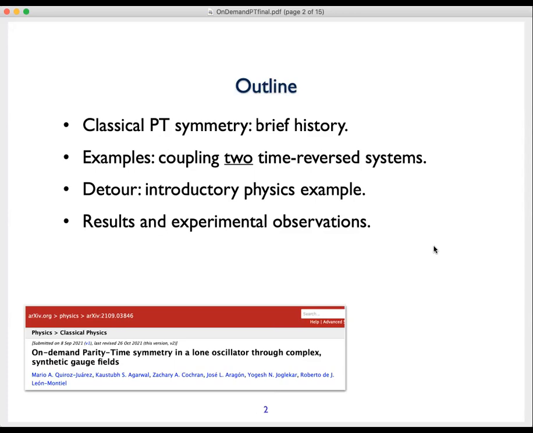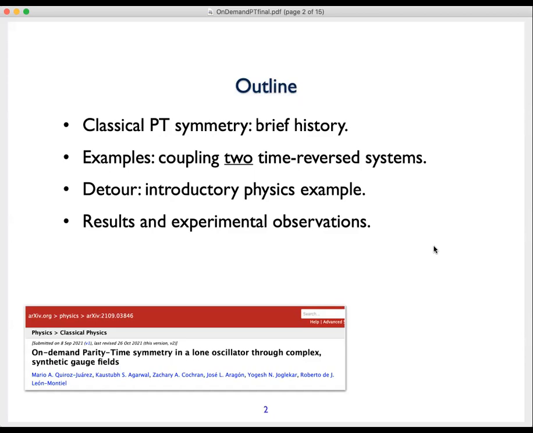And then I want to ask the question: can I get away from it? Can I get PT symmetry in a single system which doesn't have gain or loss, at least not the way that has been traditionally thought about or implemented? I will get to that through a really introductory physics example. This could be a freshman physics problem, or even a high school AP physics problem.